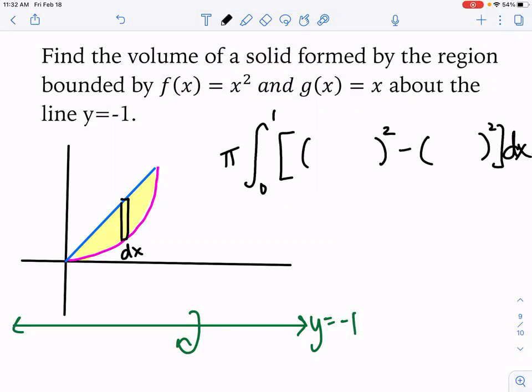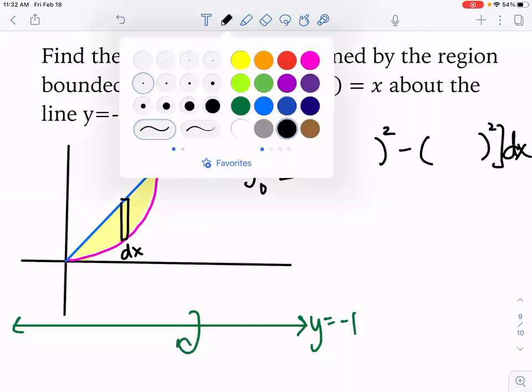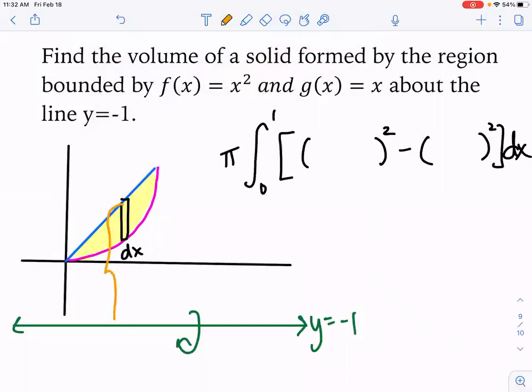Okay, so we're still going to set up pi r squared minus r squared h. This time, for our outer radius, which part of the rectangle is furthest from what we're rotating about? Okay, this is our outer radius.